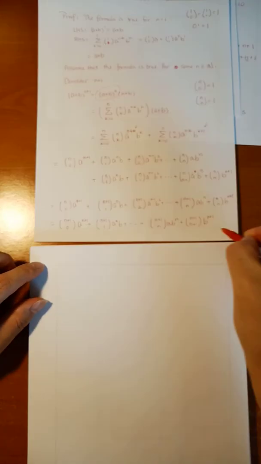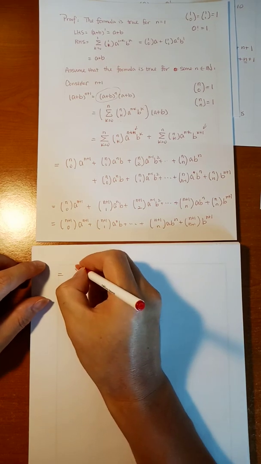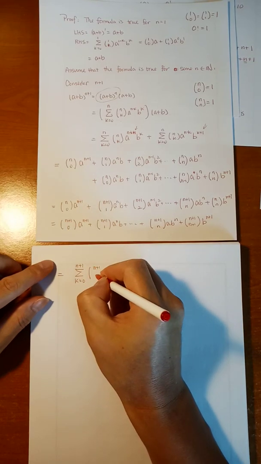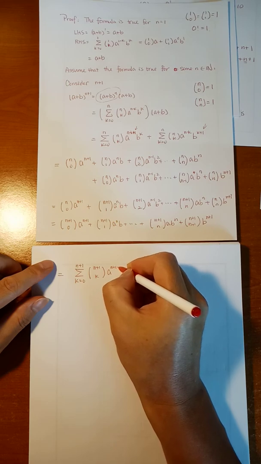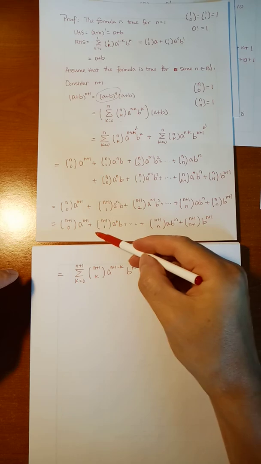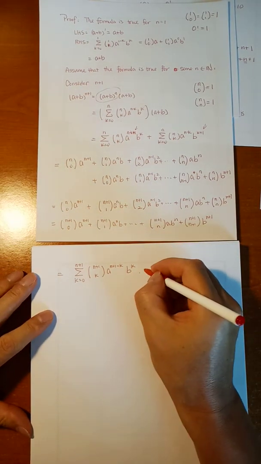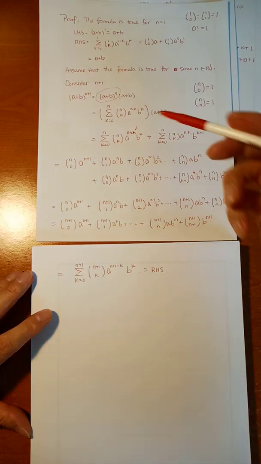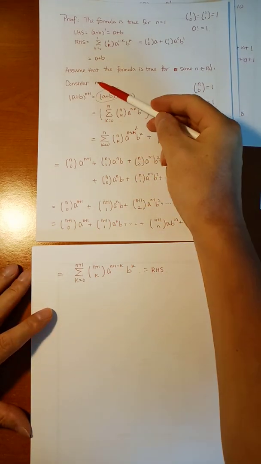And this final stuff is exactly the sigma, k from 0 to n plus 1, of n plus 1 choose k, a^(n+1-k), and b^k. You examine this. This is exactly the sigma, and this is the right-hand side. So we start from the left-hand side, and we get the right-hand side for n plus 1.